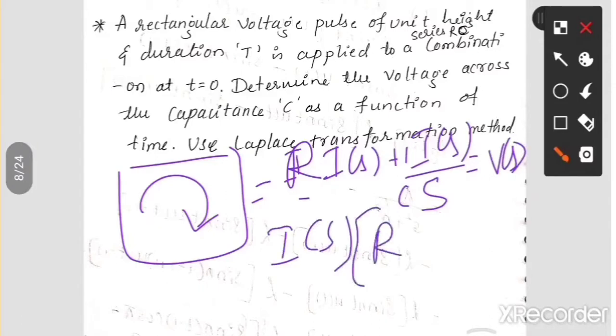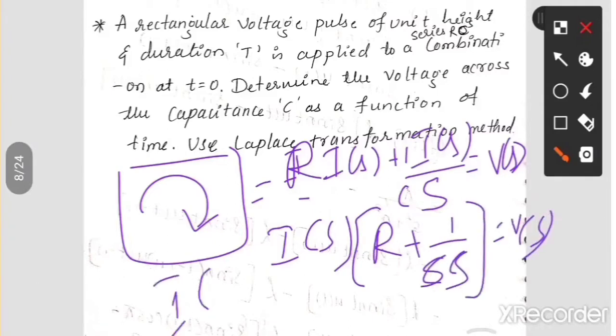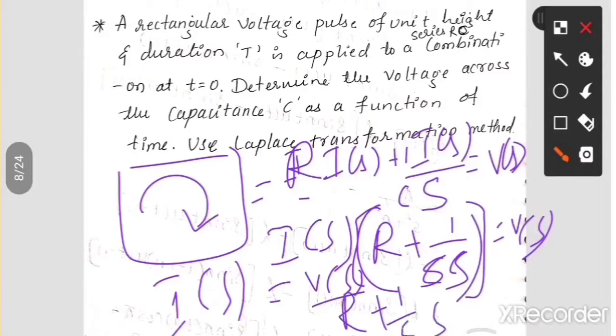Then there will be R plus 1 over SC equal to V of s. I of s will be equal to V of s divided by R plus 1 over CS. This is the Laplace transformation of the simple RC circuit.